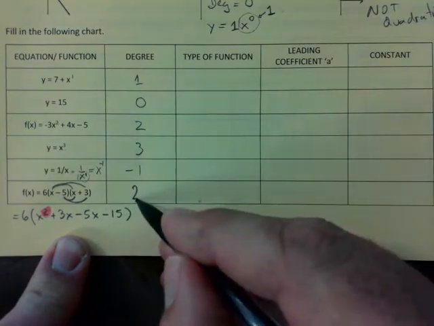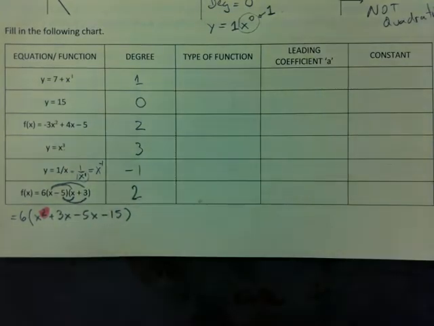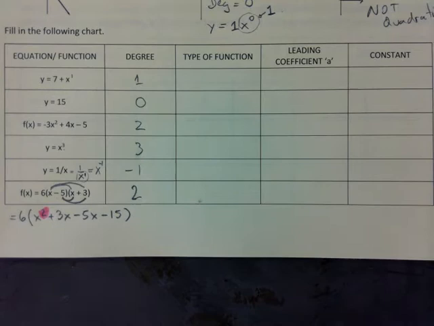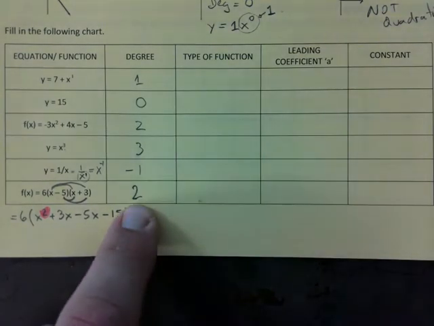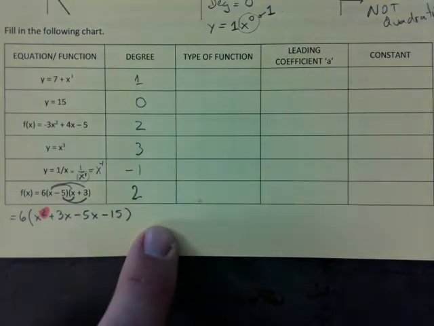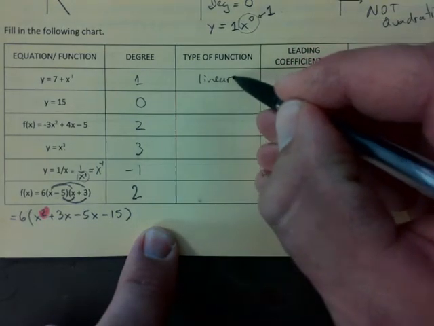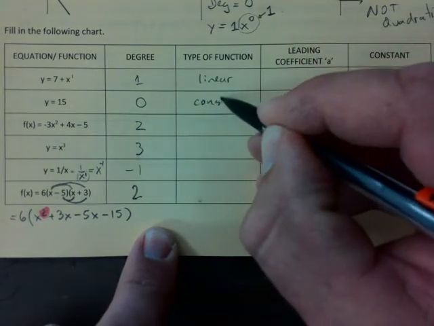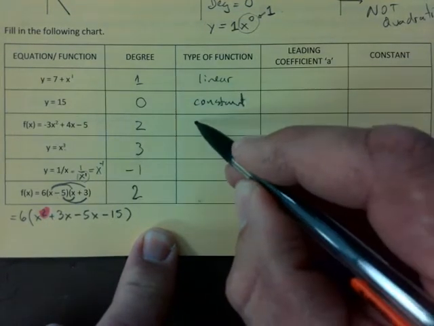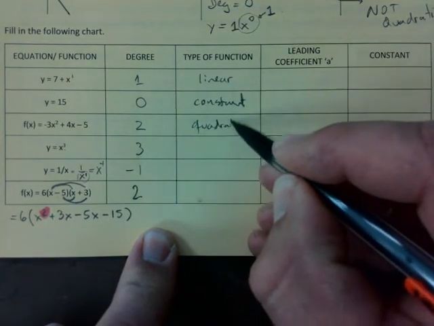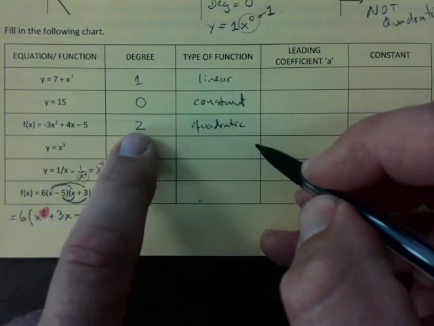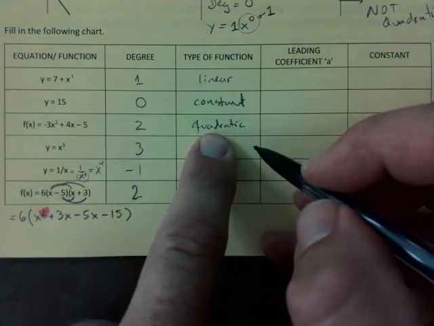In fact, when you have brackets and there is an x in either one of those brackets, you know for sure it's a quadratic. You know it's a quadratic. So type of function, this would be linear, constant, quadratic. Hold it. Why? Because it has a degree of 2. I know it's a quadratic.